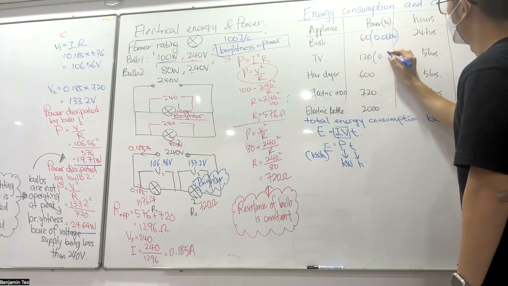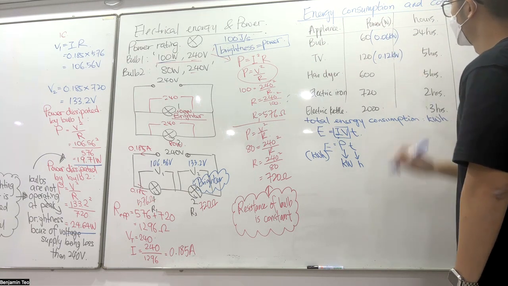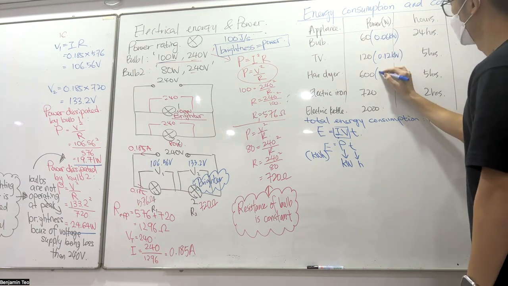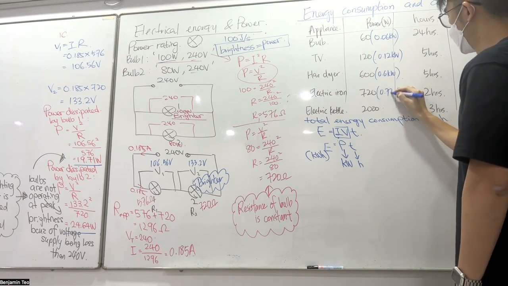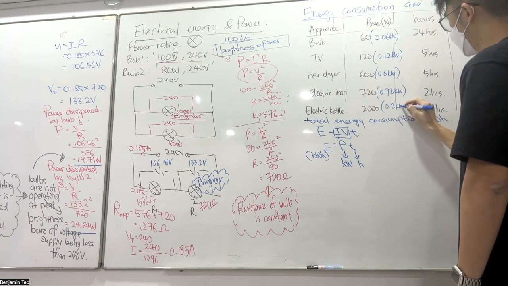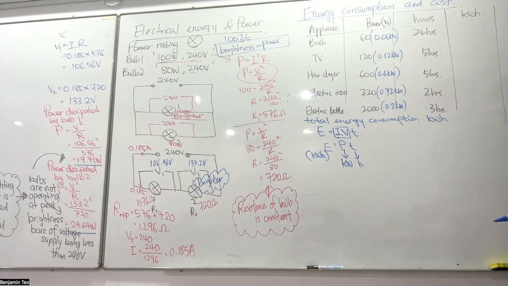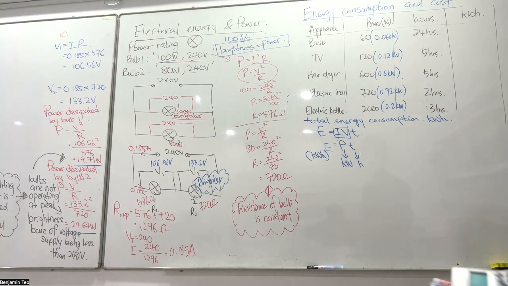This one is 0.12 kilowatt, then 6 kilowatt, 0.72 kilowatt, 0.2 kilowatt. Change all to kilowatt. Then you find your kWh.